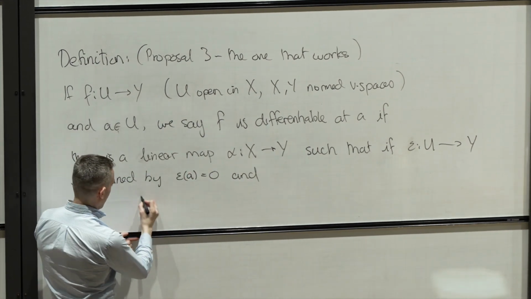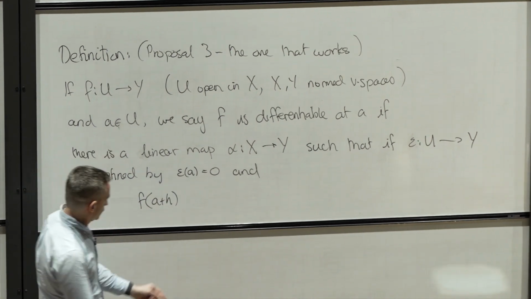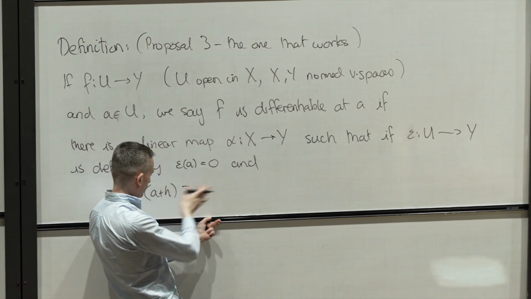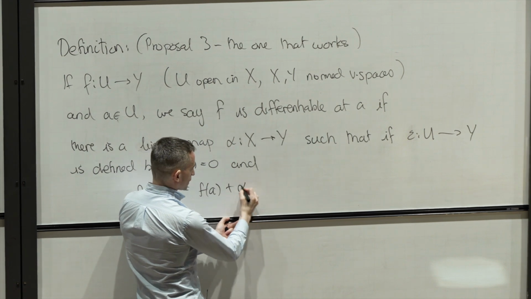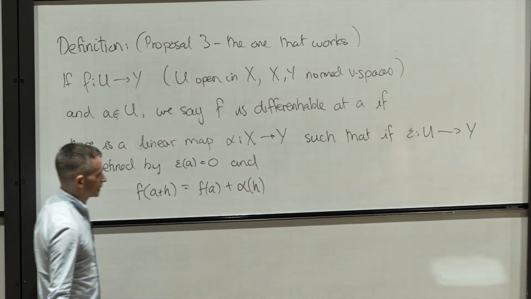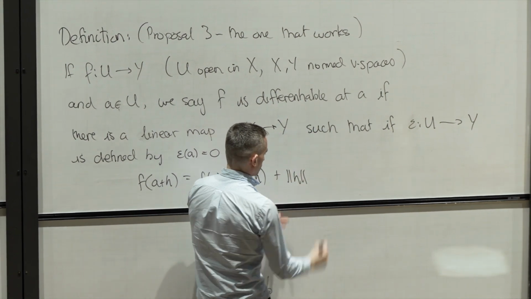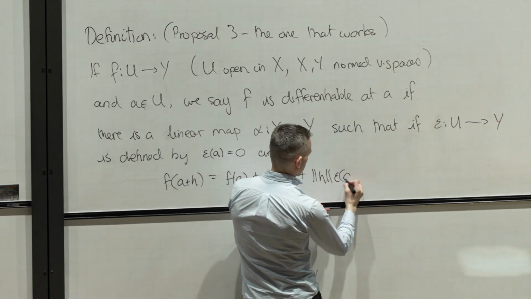and f of a plus h, so if I perturb f moving in the direction h, is f of a plus my linear map applied to h plus the norm of h times epsilon of a plus h.